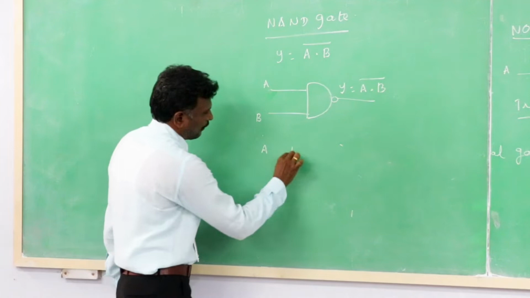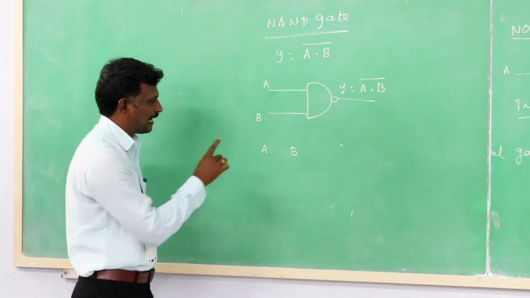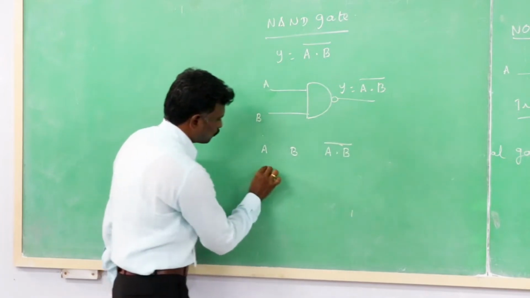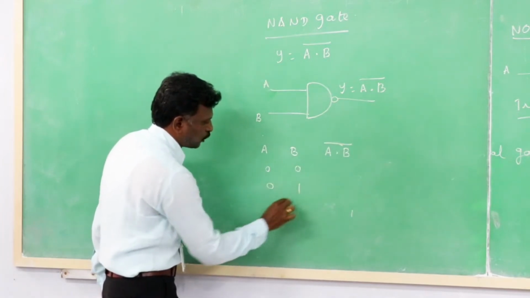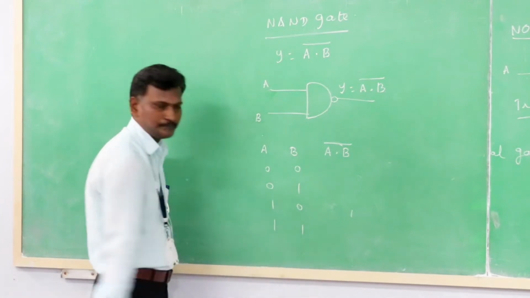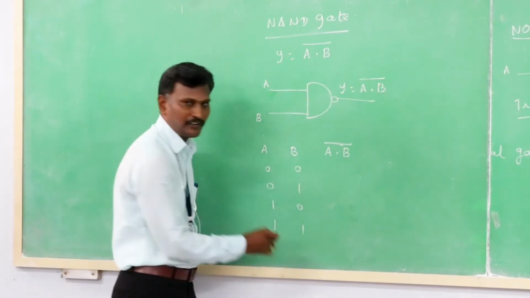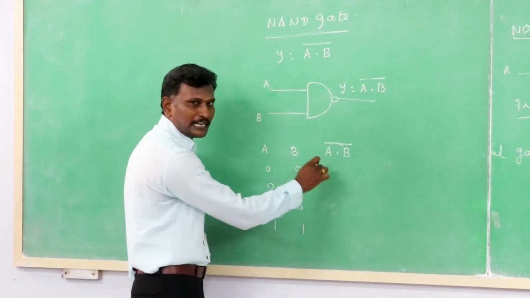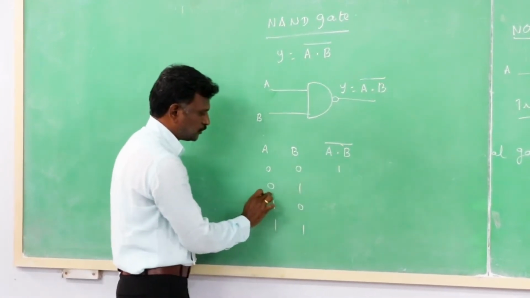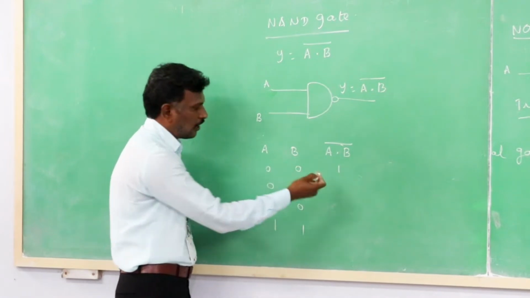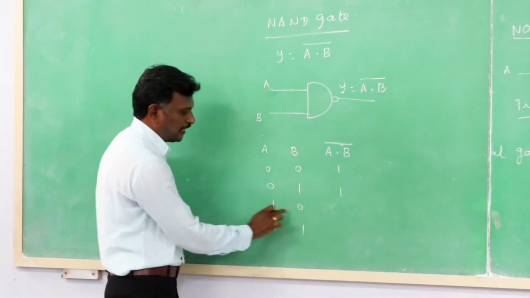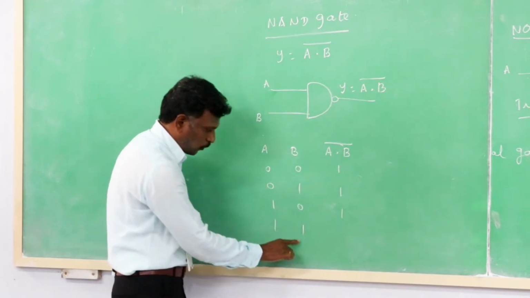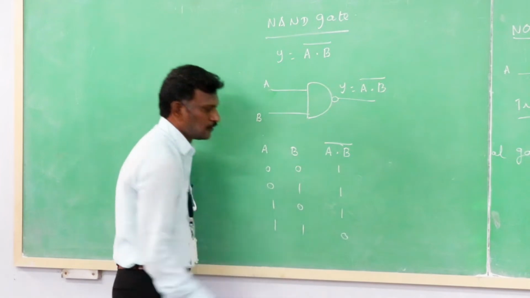We can represent the NAND gate by truth table, Y equal to A dot B whole bar. Here also the common inputs are 0 0, 0 1, 1 0, 1 1. Four possible combinations of inputs produce outputs: 0 into 0 is 0, but inverted it is 1. 0 into 1 is 0, inverted 1. 1 into 0 is 0, inverted 1. 1 into 1 is 1, inverted 0.